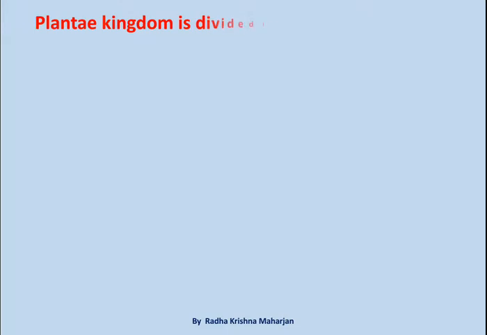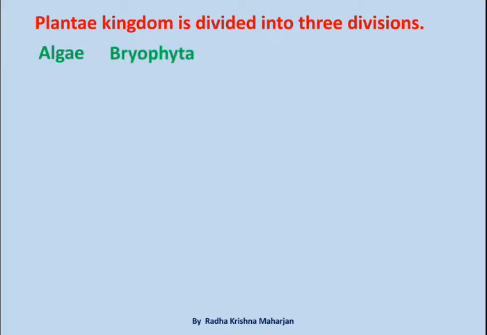Plantae kingdom is divided into three divisions: algae, bryophyta, Tracheophyta. Algae.